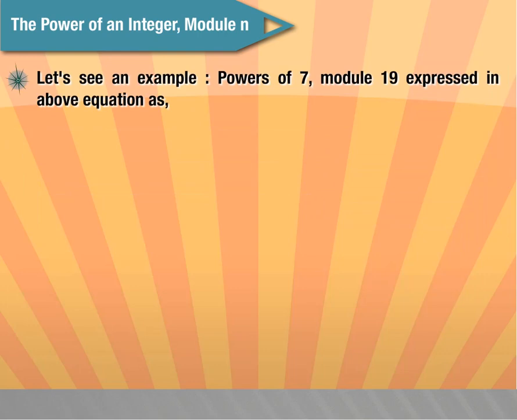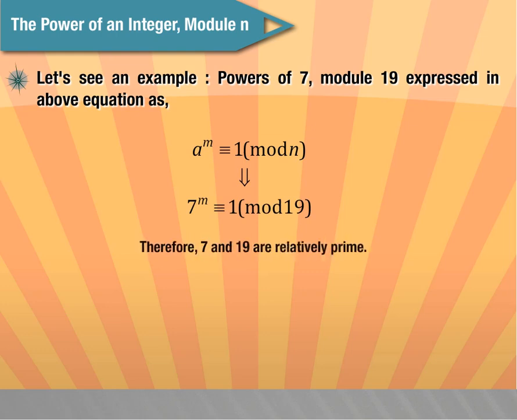Powers of 7 modulo 19, expressed in the above equation as a to the power m congruent to 1 mod n, which implies 7 to the power m is congruent to 1 mod 19. Therefore, 7 and 19 are relatively prime.